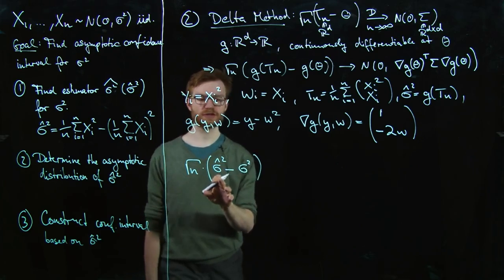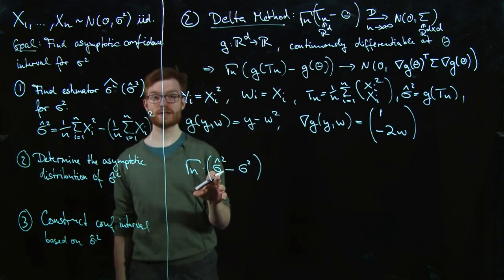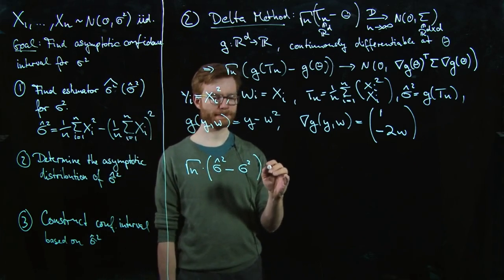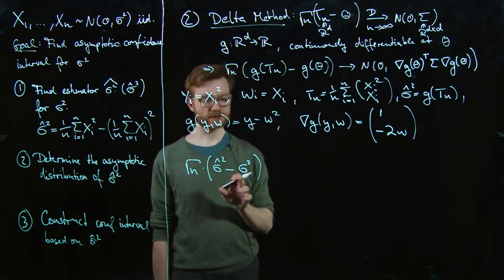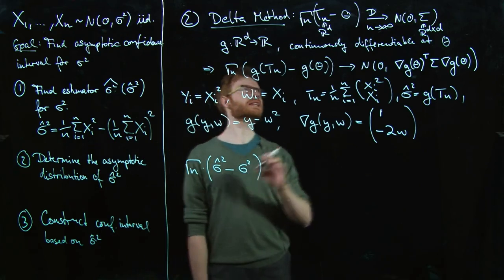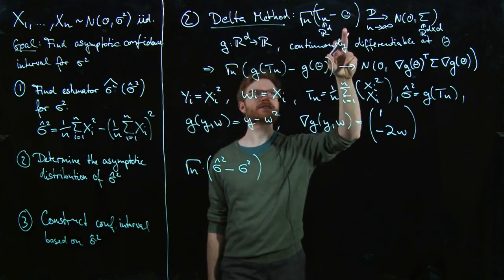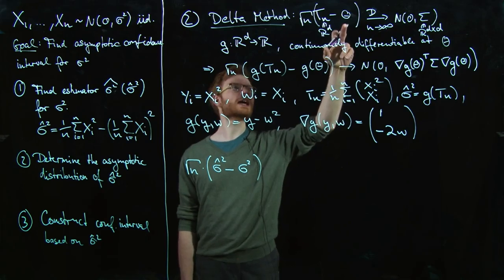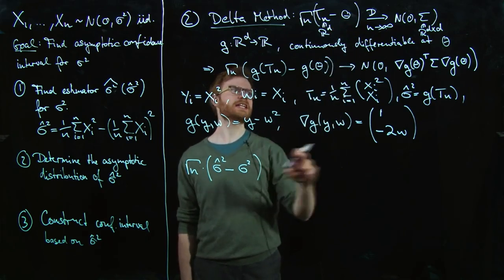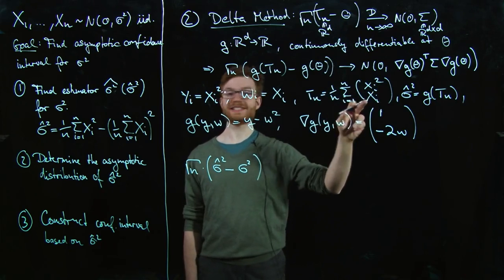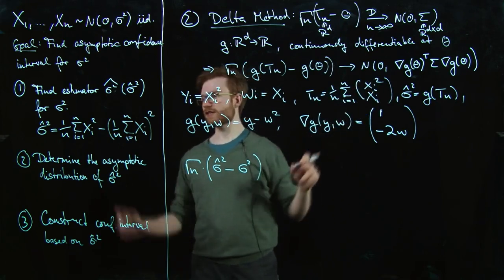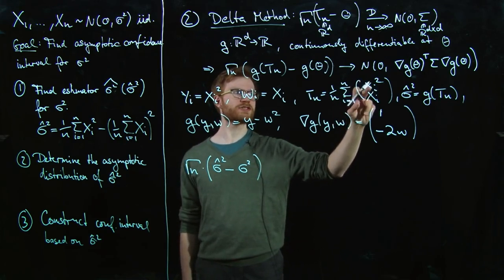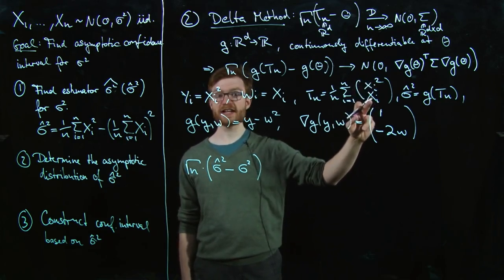We briefly mentioned that sigma hat squared is consistent. Sorry. So that's what we want to have, but if we just plug it into the delta method, what we need here is the limit of Tn first, which is going to be just the expectation of xi squared and the expectation of xi.